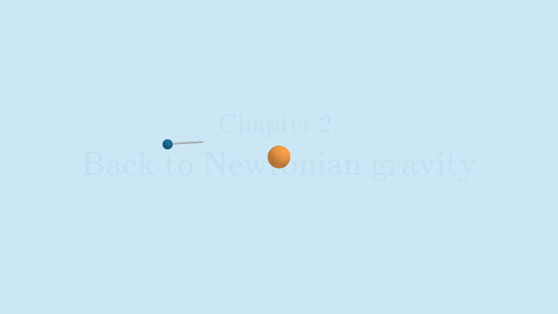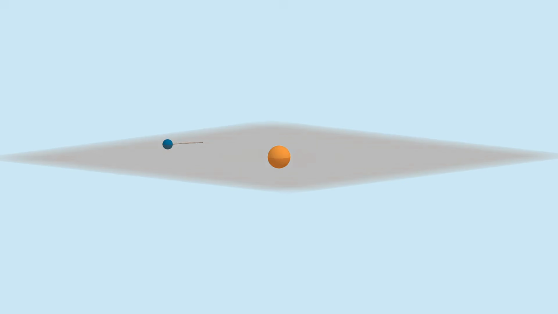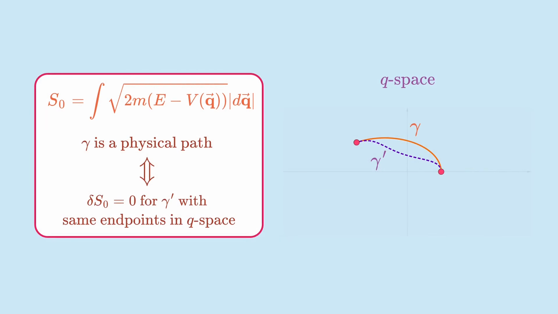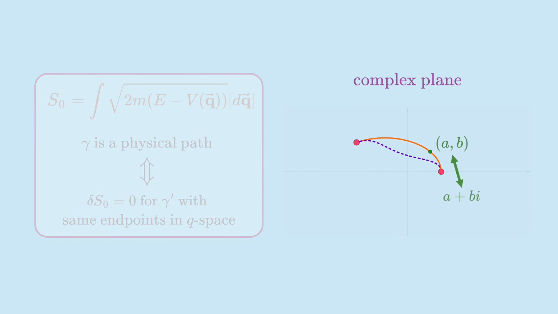Let's bring Newtonian gravity back into the picture. Since the orbits will be on a plane, we can reduce this problem to a 2D one effectively and use this statement on a 2-dimensional Q space. But a 2D plane can also be viewed as a complex plane. Any point AB can be thought of as the complex number A plus BI, and any vector with components AB can also be thought of as A plus BI.